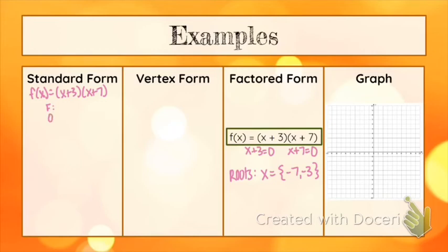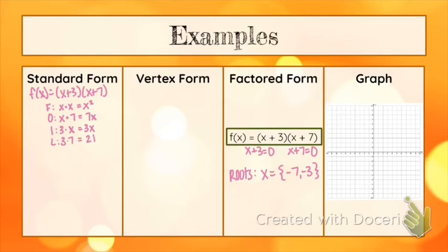We have FOIL. So F stands for first. That's going to be x times x, because those are our first terms. Then we have our outside terms. That's going to be x times 7. And then our inside terms are 3 and x. And our last terms in each binomial are 3 and 7.